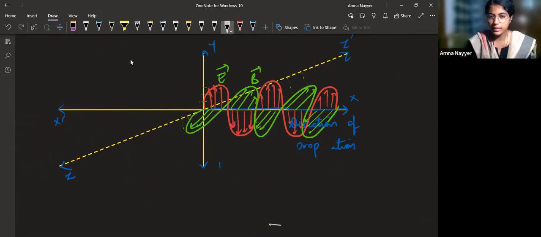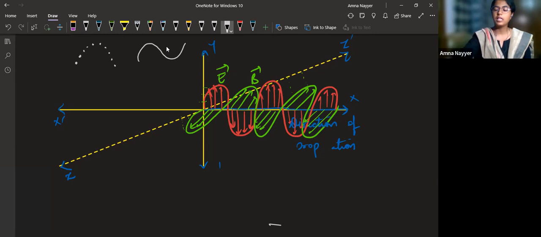What is meant by this graph is that particles are there, and if you combine all these particles together, there are different particles in a wave. If you combine all these particles together, you get a complete smooth wave. So basically, an electromagnetic wave is a wave where the electric field, magnetic field, and the direction in which the wave is propagating are all perpendicular to each other.